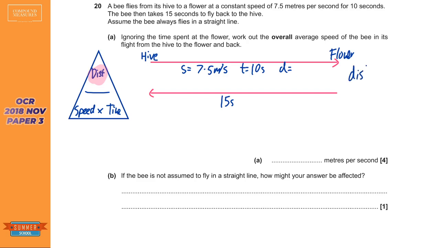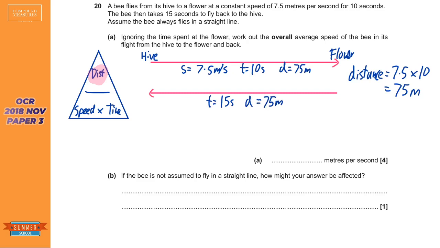So distance equals the speed, which is 7.5, times the time, which is 10. So that would be 75 meters. So we know that on the return journey as well, it'll also be 75 meters.